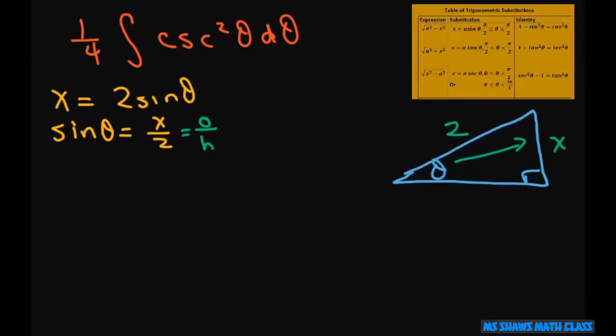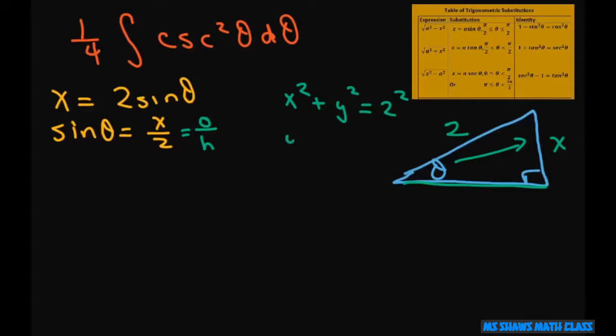And to get the adjacent side, you're going to use the Pythagorean theorem. So you're going to get x squared plus, let's call it y squared, equals 2 squared.